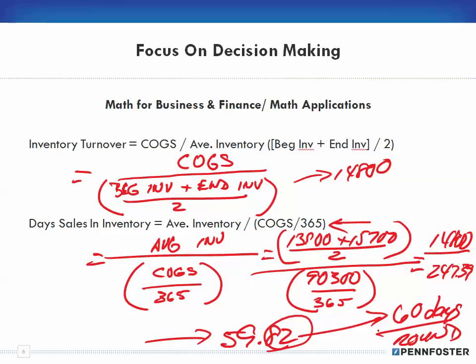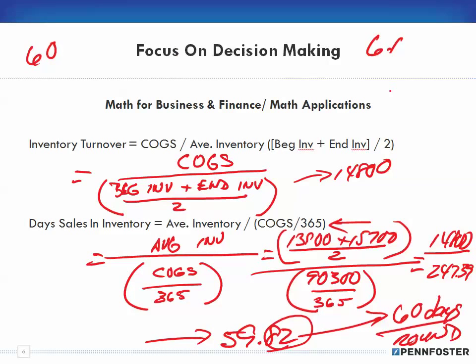So with this said, what are we talking about? We're selling on average, our days sales in inventory is 60 days. Our inventory, we're turning over every 60 days. Okay, remember the inventory turnover was 6.1, right?